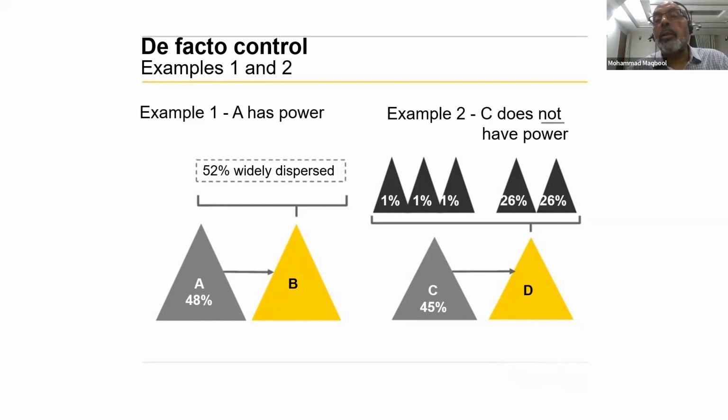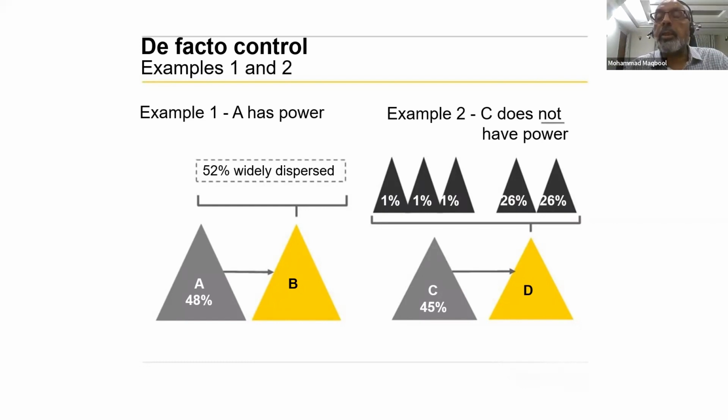But in example two, company C has 45% in company D. And the other shareholders are just three shareholders. Two of them hold 26% each, and the third holds 1%.